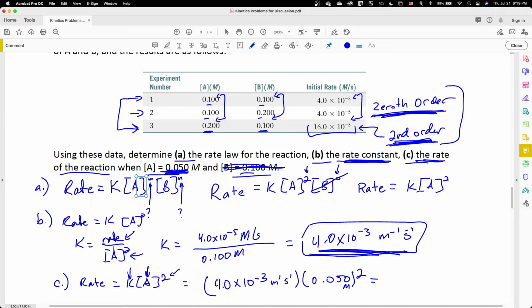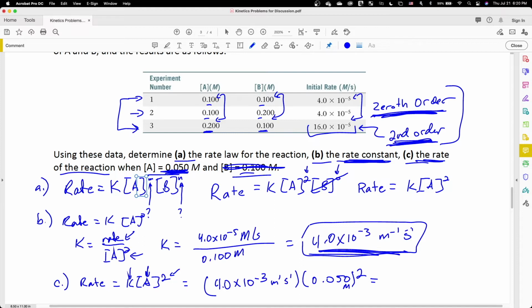0.05 squared times 4.0 times 10 to the negative 3.